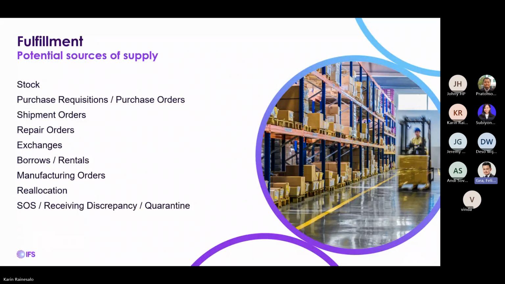We could be reallocating from one project to another project or to an AOG demand. Your source of supply can also include those ship or shelf, anything that's in receiving discrepancy right now, because we might be able to resolve that, anything that's in quarantine. So now we're going to be trying to balance all these demands with all these potential sources of supply.